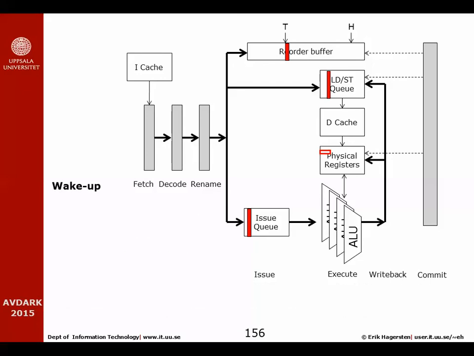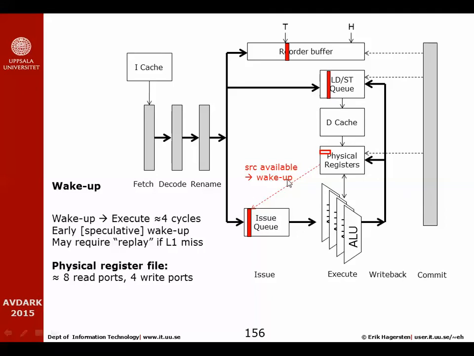Okay, then the wake up happens, so the source becomes available. We have this wake up mechanism, and as I said before, it takes 4 cycles, and you do an early wake up, because a dependent instruction may be scheduled to be issued the very next cycle after the instruction that it depends on, because we can bank on the fact that the result will be produced in time.